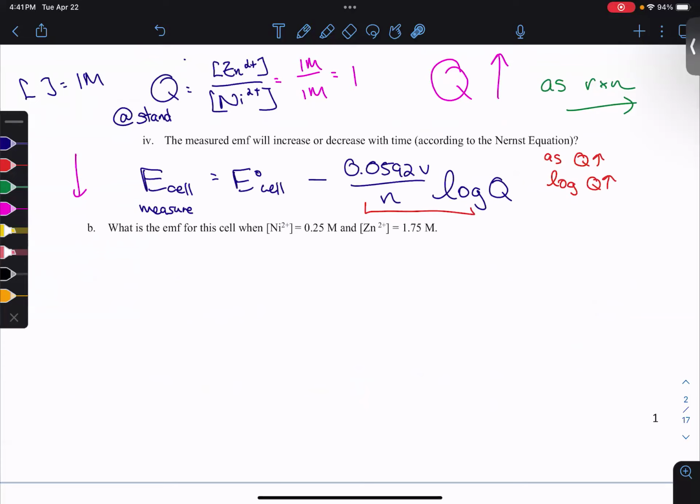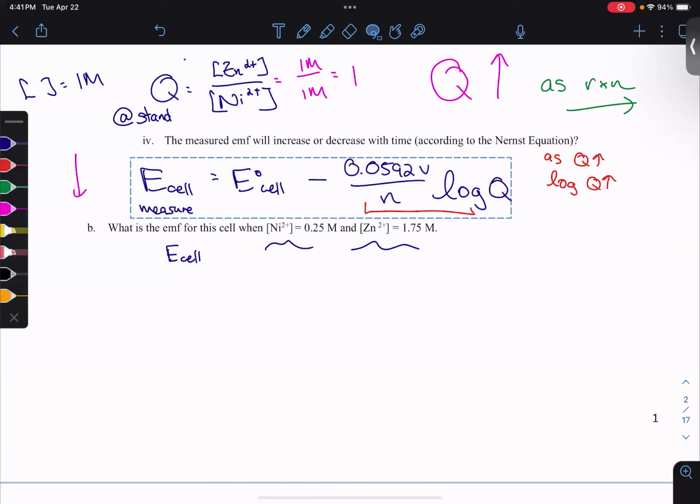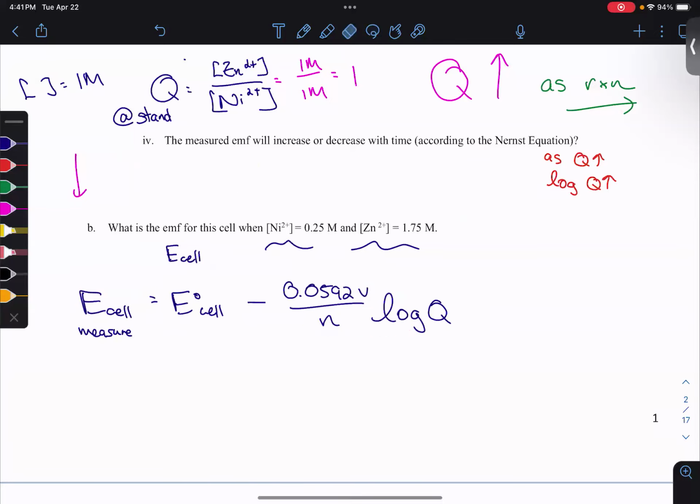So let's just do the calculation because the numbers prove it as well. Let's calculate the EMF, or essentially cell potential, when we have these concentrations. So we're actually going to plug in a number here. We're still going to use the Nernst equation, right?